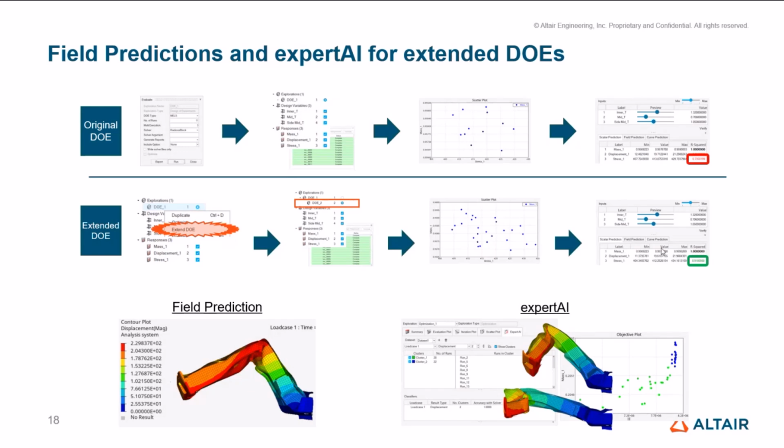And again, just for completeness, we look at our prediction, and we can see that our R-squared value has also improved sufficiently from adding those runs. So that's been there for a release, the ability to extend DOEs to generate more runs. Initially, with that enhancement, we were not able to support field prediction or expert AI, but with the latest release, we are now able to do that as well.